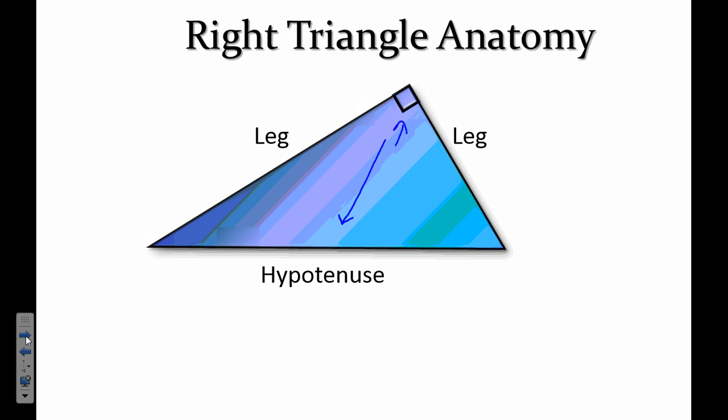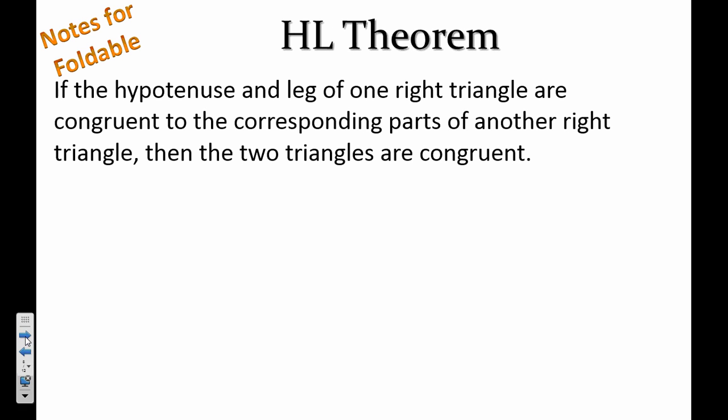Okay. So we want to make sure that you understand which ones are legs and which one's the hypotenuse. Locate the right angle. Opposite it is the hypotenuse. Creating that right angle are the legs. Okay. So here's our new theorem. Hypotenuse leg. Okay.